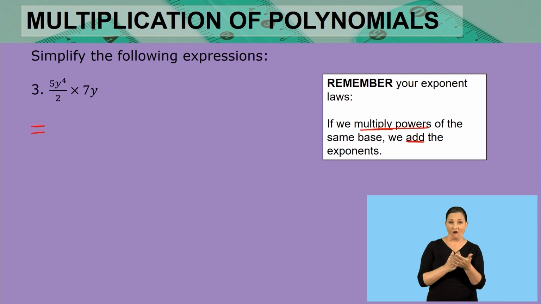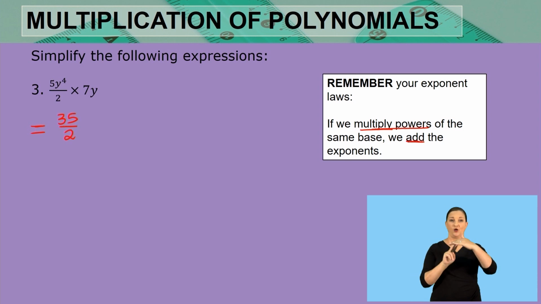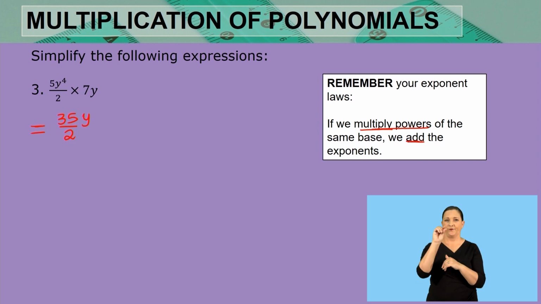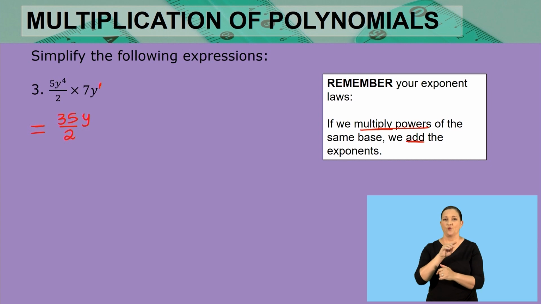So 5 halves multiplied by 7 gives us a total of 35 halves. And when we look at the variables, we have a variable with an exponent 4 and the same variable with an exponent 1. And when we multiply the same base, then we add those exponents. So 4 plus 1 is 5.